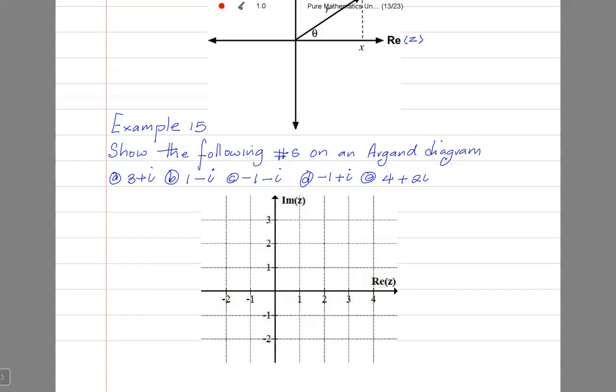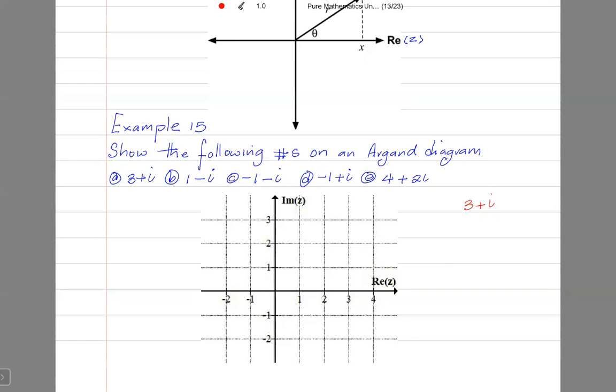3 plus i. Please note, for the complex number 3 plus i, 3 is the real part, and 1 is the imaginary part. Remember, the imaginary part of the complex number does not include i.